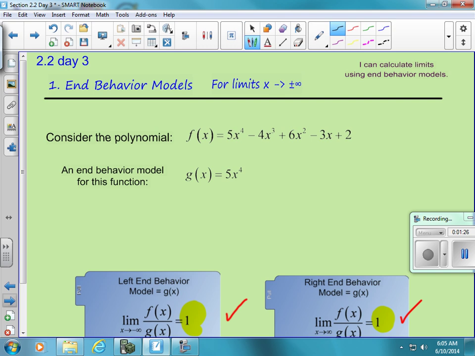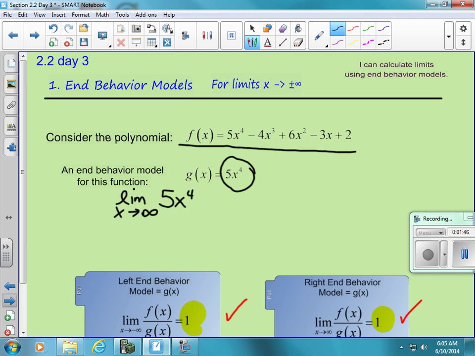Consider the polynomial 5x to the 4th plus all those other terms. The end behavior model for that function would be just the first term, the one that has the largest exponent. And if we take the limit as x goes to infinity for this function, it also estimates the value of the f function and where it is going.